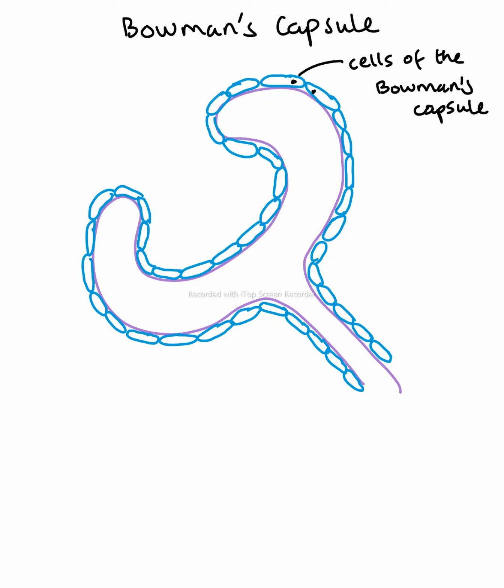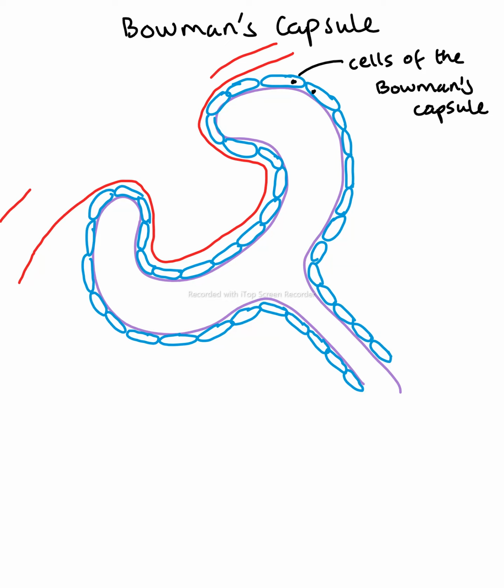So next what happens is you've got a capillary. It comes in and it goes out. And remember we said this is larger and leaving it's smaller, so you get a difference in pressure.